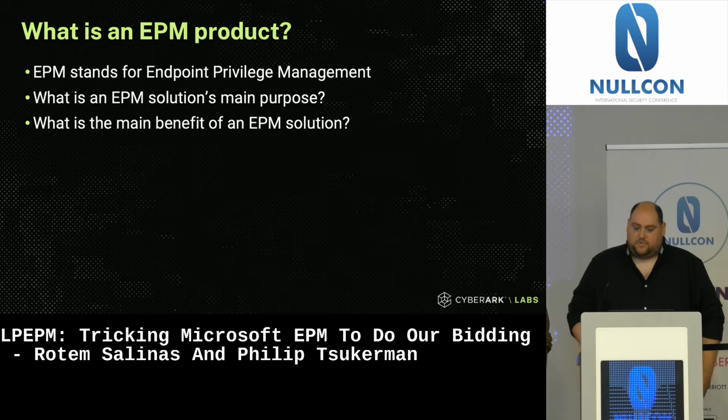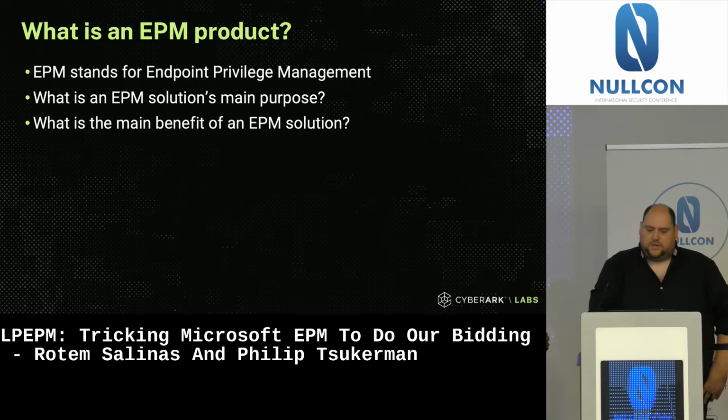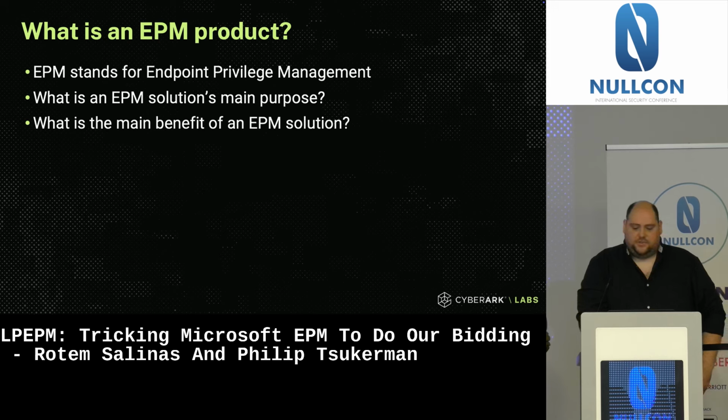EPM stands for Endpoint Privilege Management, and its main purpose is to allow an organization administrator to define a set of policies and rules that allow an unprivileged user to run specific programs as an elevated user with administrator privileges. The main benefit of an EPM solution is that users don't need to be local administrators on the machine, and they only need the rules and policies that will allow them to execute programs that need elevated privileges.